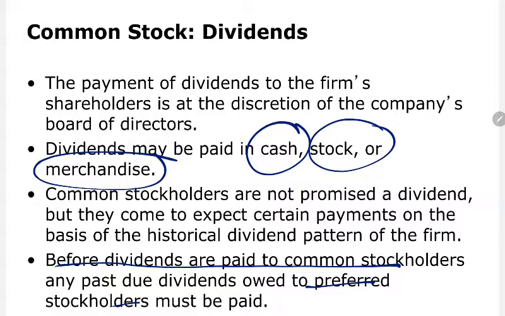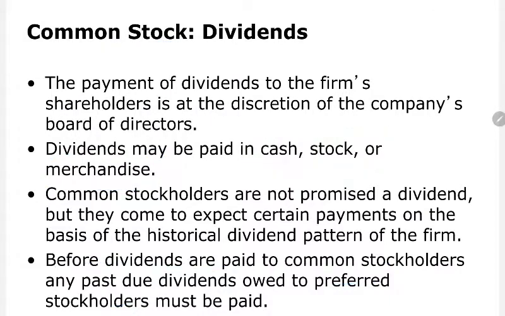Kasi nga, kaya nga siya tinawag na preferred. Preferred over income. Yun. Kasi kaya ka naman sa common stock kasi your focus is more on the control aspect. Being able to vote.